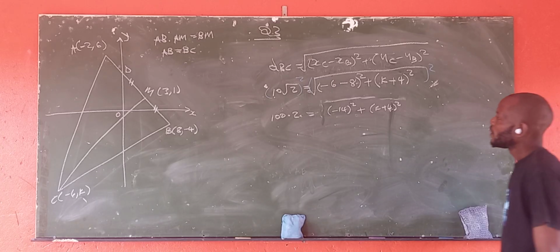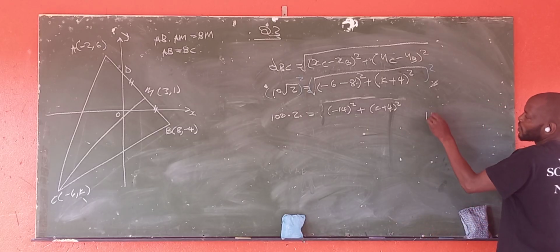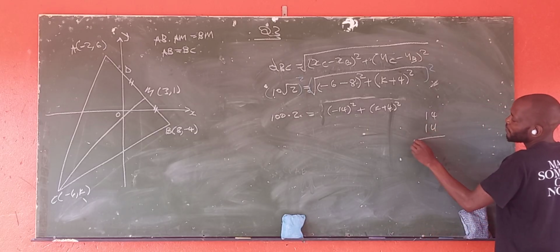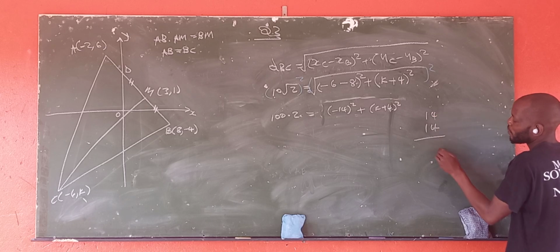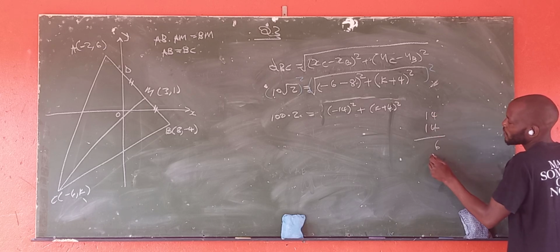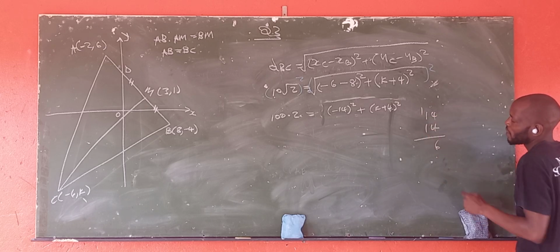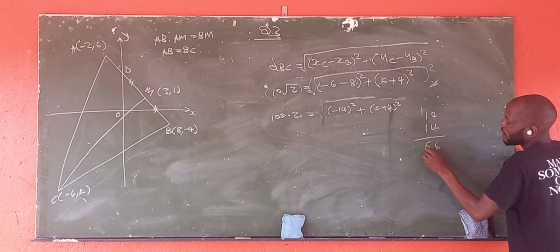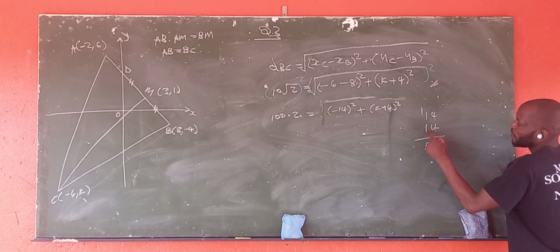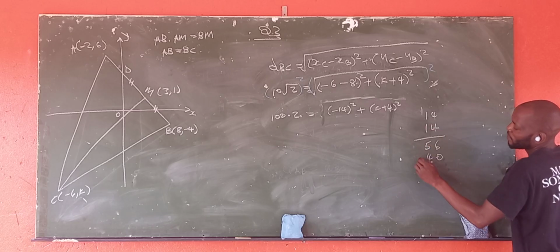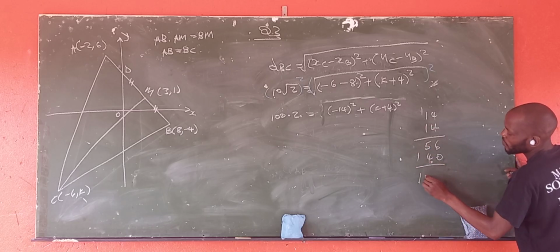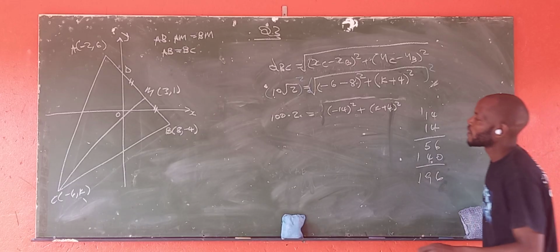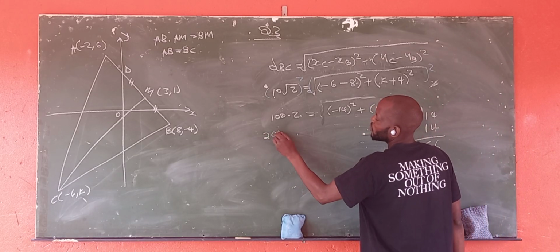I don't have the calculator, but 14 times 14: 4 times 4 is 16, carry 1, 1 times 4 plus 1 is 5, and so 14 squared is 196. So we have 200.